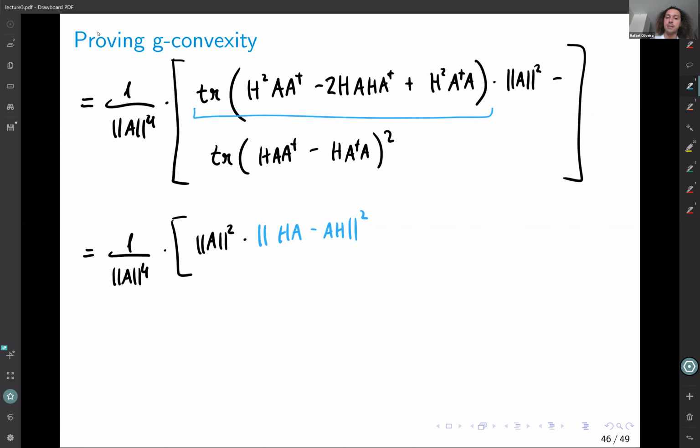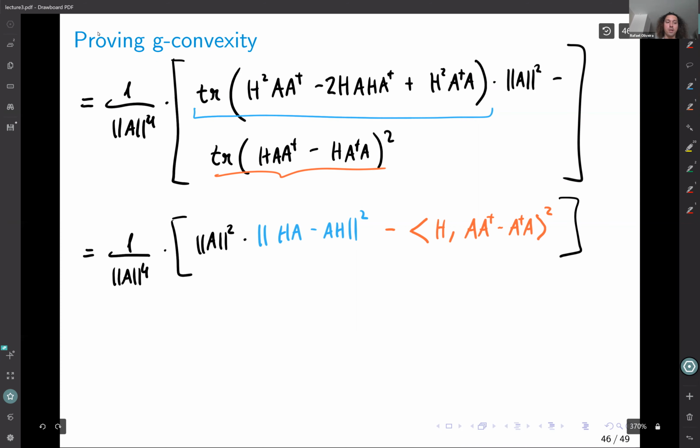And then the second one, in terms of inner product, will be minus the inner product between H and A dagger minus A dagger A, squared. So this is exactly what our Hessian becomes.